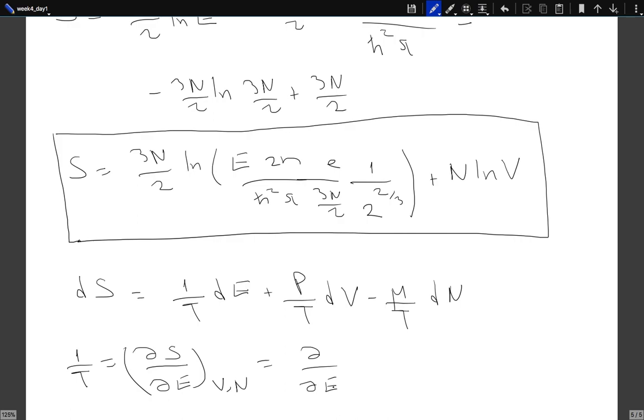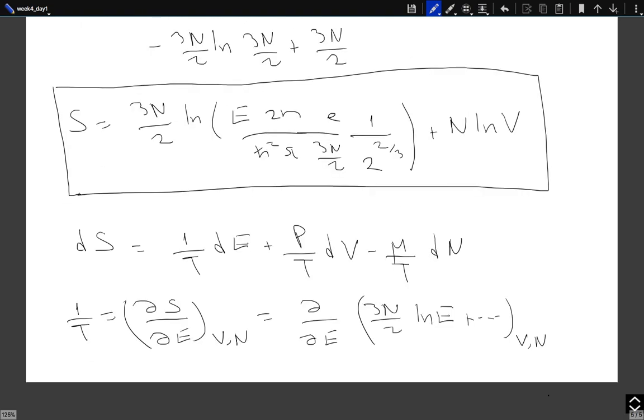This is the derivative with respect to energy of 3n over 2 logarithm of E plus other terms which don't depend on E. And hence 1 over T is equal to 3n over 2E. Or, sorry, the entropy has a factor k over here, so E is equal to 3n over 2 kT. Something that we had already discussed several times.